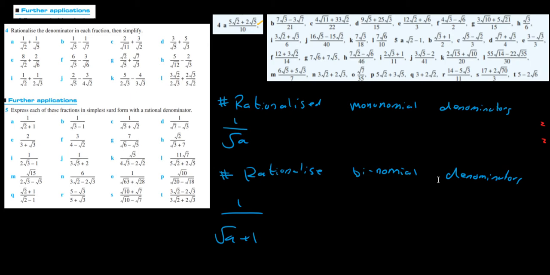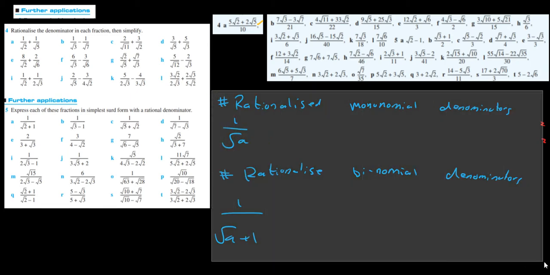Before we do that, we need to be familiar with something called the conjugate. The conjugate, very important term in maths. Now the conjugate, let's do 3 examples. Let's be mad and do 4.